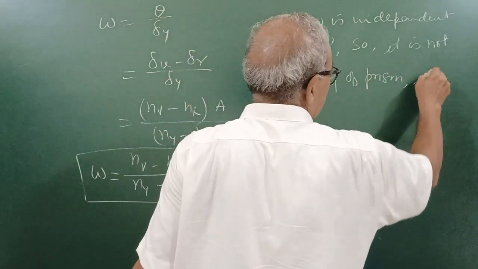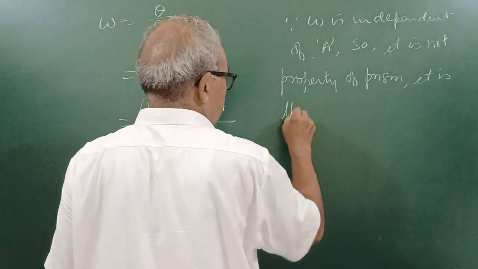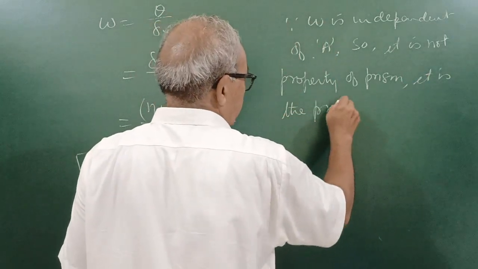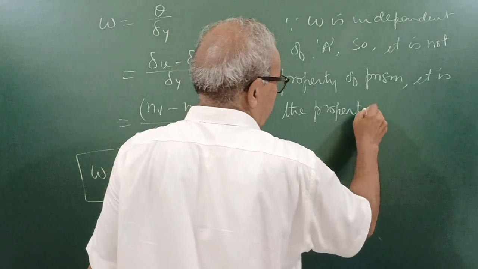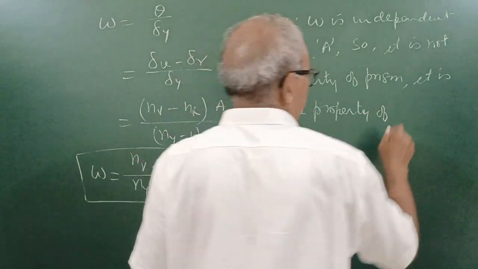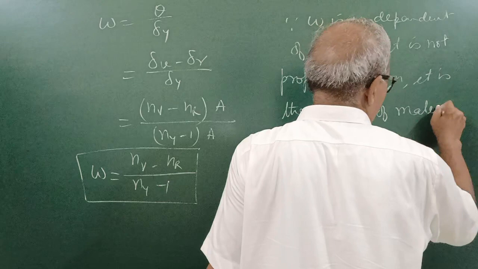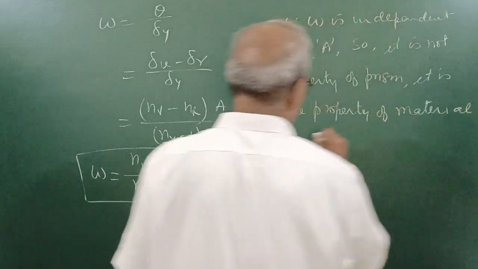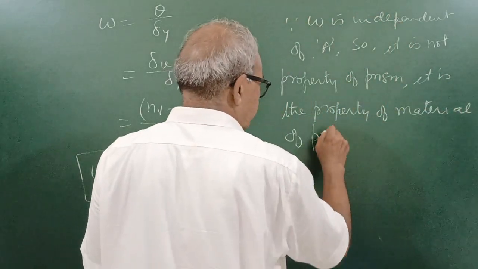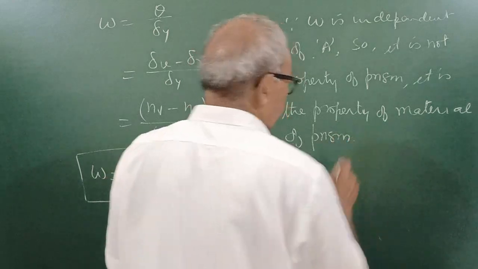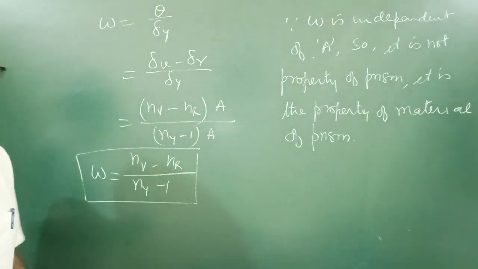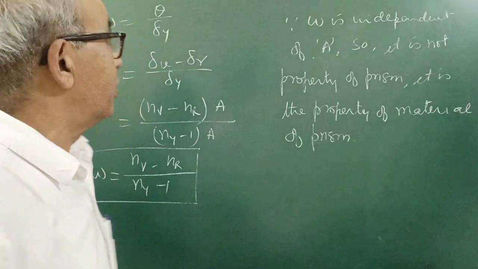It is the property of the material of the prism. The larger the difference in index, the greater the dispersive power.